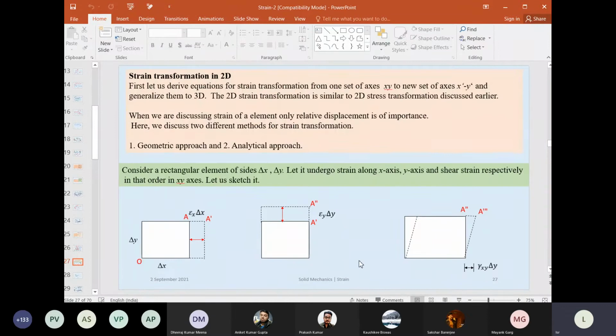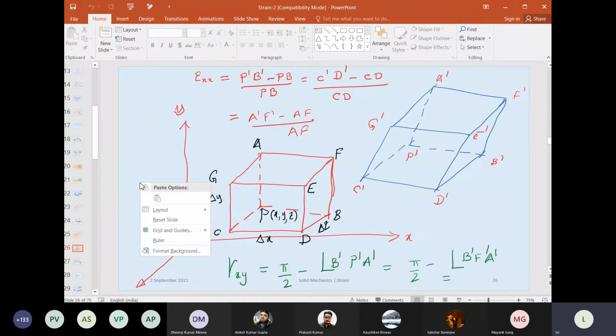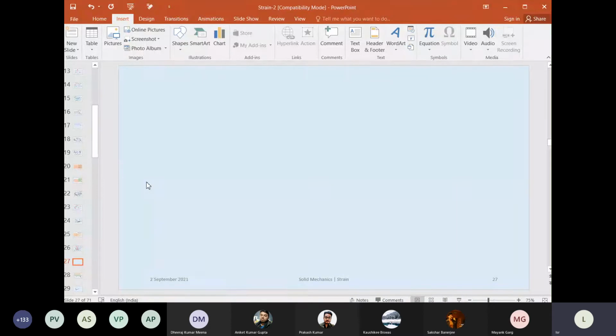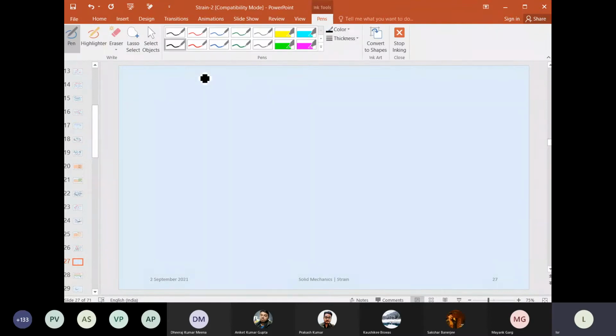Now, before I do strain transformation, I wanted to tell you something very curious. You all know that stress is a tensor. We will talk about the strain tensor.